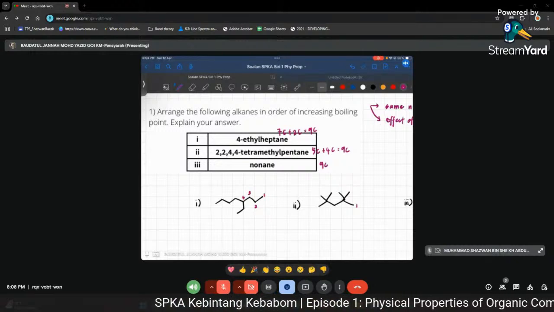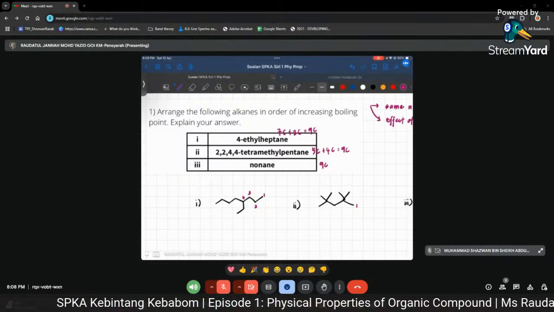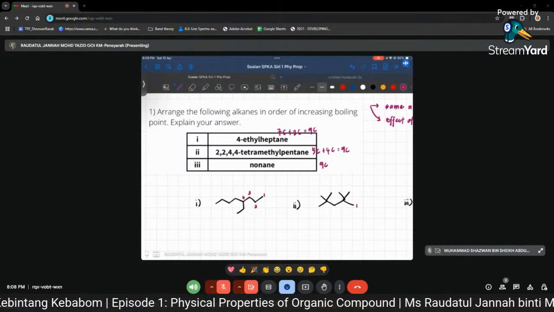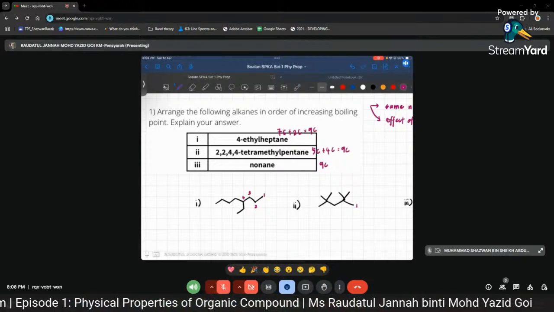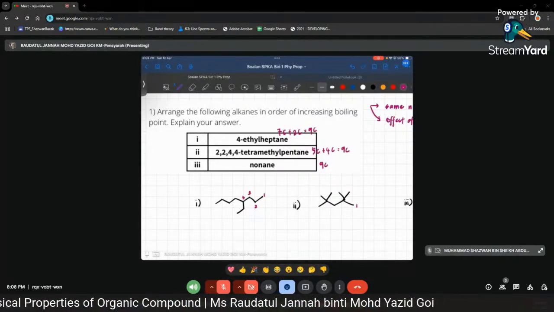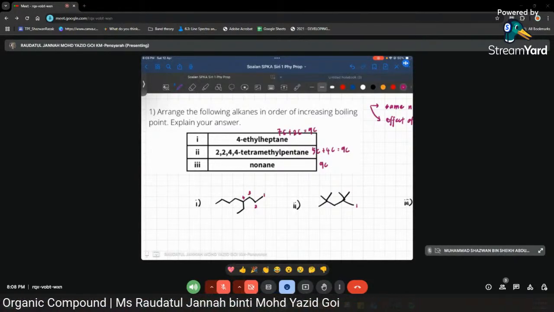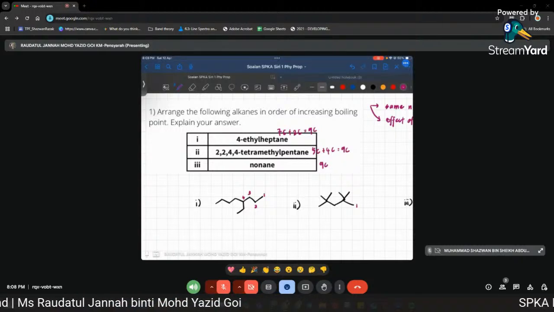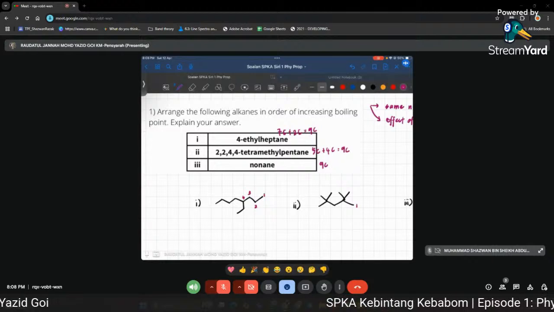And one thing for sure, you should be aware that van der Waals forces is actually hugely affected by molecular weight ataupun molecular mass. Okay, and cara paling senang untuk you figure out the mass of your compound, kira je number of carbon yang you ada. But for this one here, since number of carbon tu semua sama, that means ada factor lain yang you kena consider.